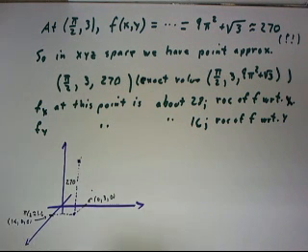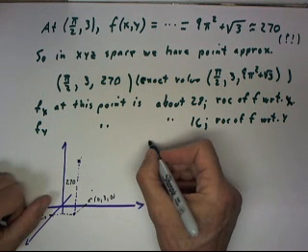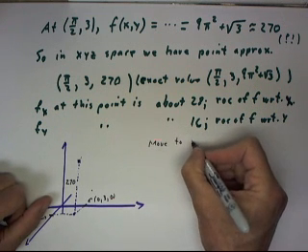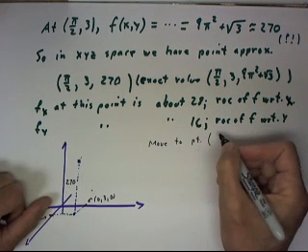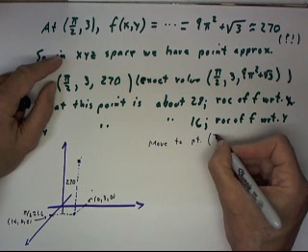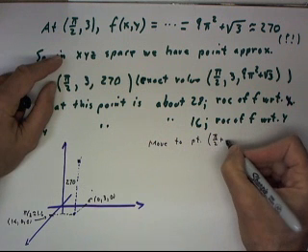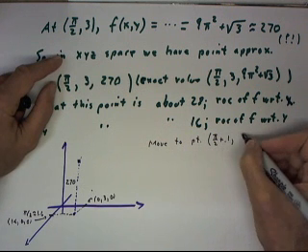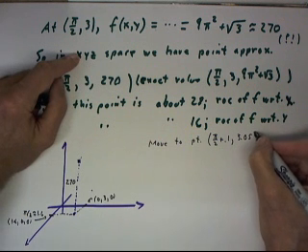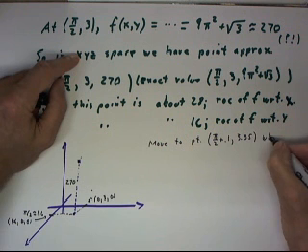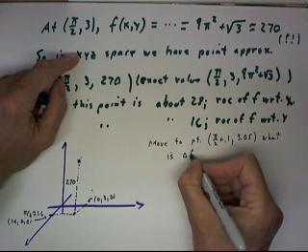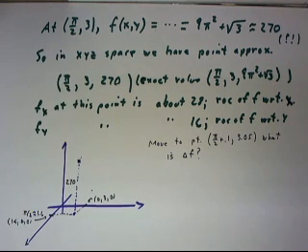If we move to the point, let's say pi over 2 plus 0.1 and 3.05, what is the change in the value of our f function?